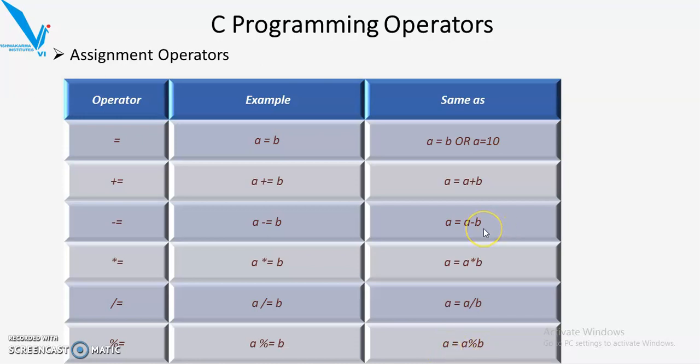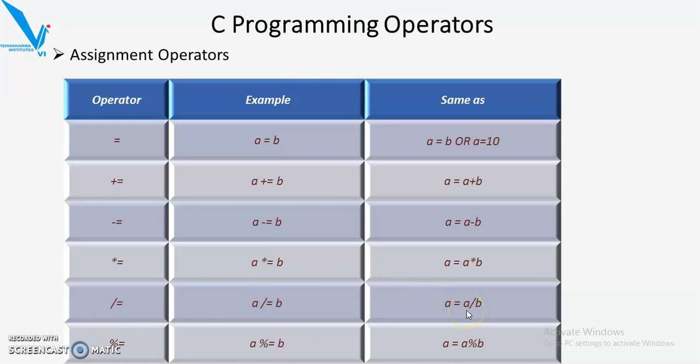That is, the value of b gets subtracted from a and the result is stored into the variable a, that is on the left side. Similarly, the left hand side operand a and right hand side operand b are multiplied and the result is stored into the left hand side operand a.